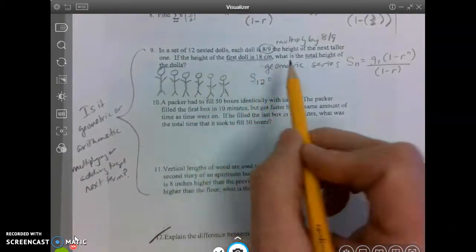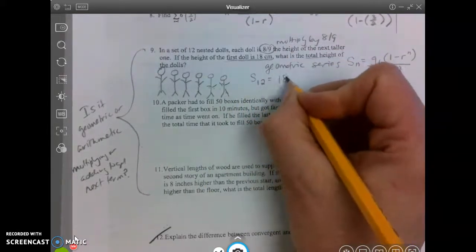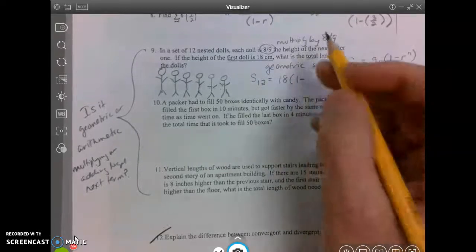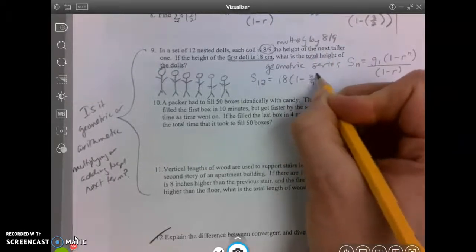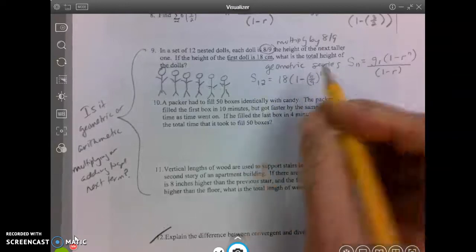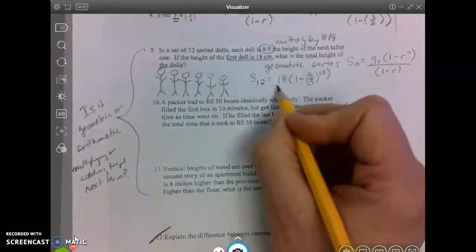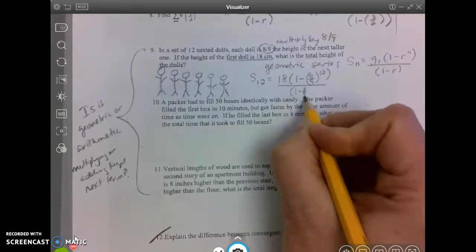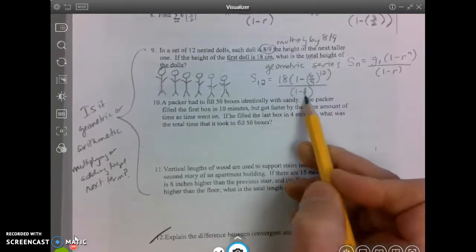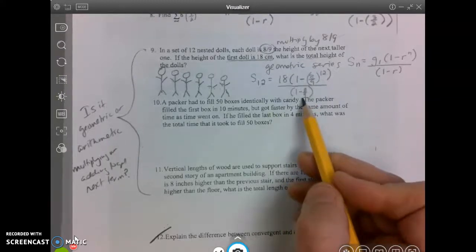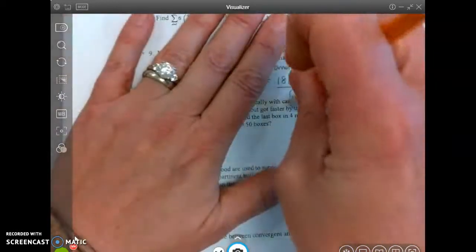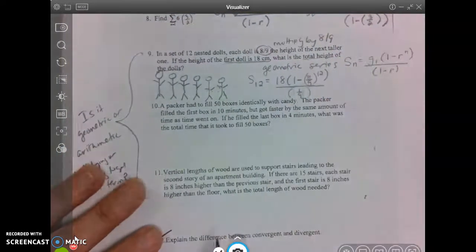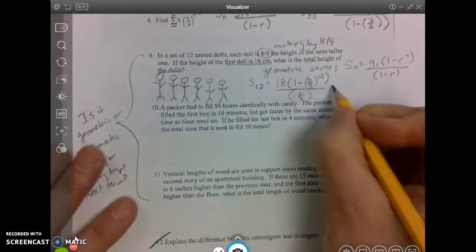Right here it tells us that the first doll is 18 centimeters. 1 minus that common ratio, we're multiplying by 8/9, so it's 8/9 to the 12th, because remember, these two numbers should always match, all divided by 1 minus 8/9. Now I know that 1 minus 8/9 is 1/9, so if I want to, I could just change this to 1/9 and do that subtraction in my head.